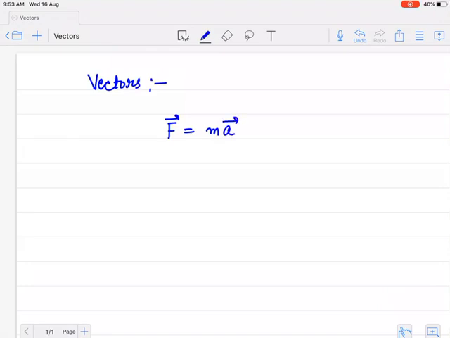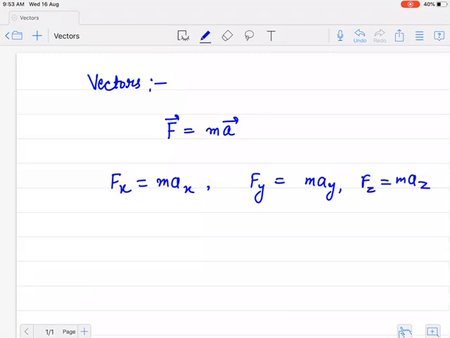Here force and acceleration are vector quantities, and it indicates that acceleration is in the direction of the force, and there are three components of this vector: x component, y component, and z component. Our principal motivation for introducing vectors is to simplify the equations.